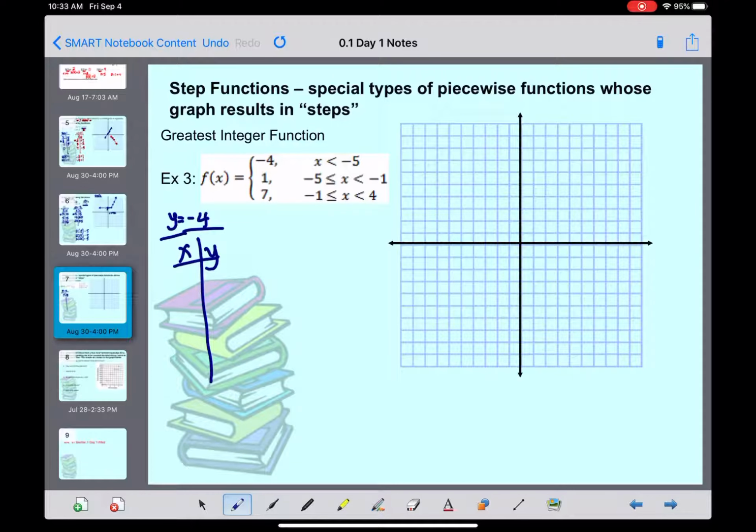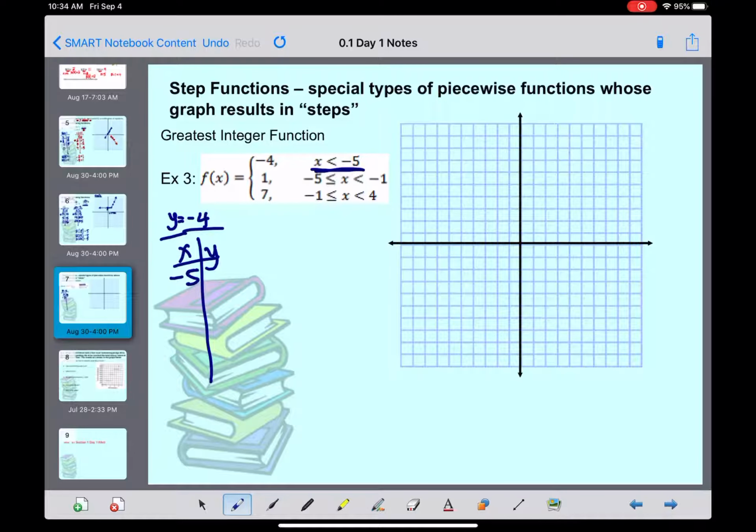And this just helps with keeping track of my open and closed and where everything goes. So we are going to start at -5. Notice something else: this has 3 pieces, and the next two are between two numbers, so you're going to see a little bit of a difference there.